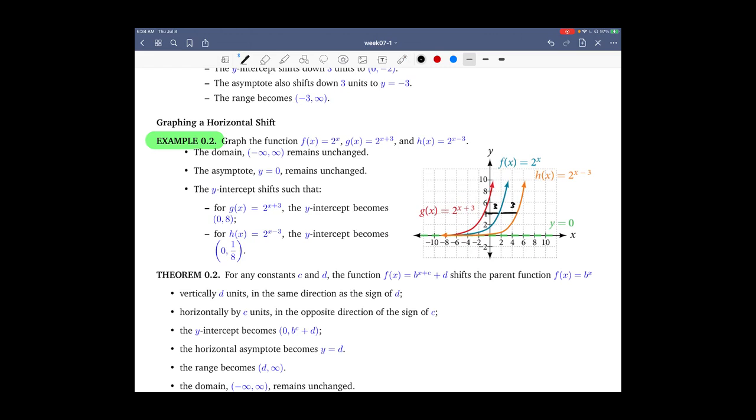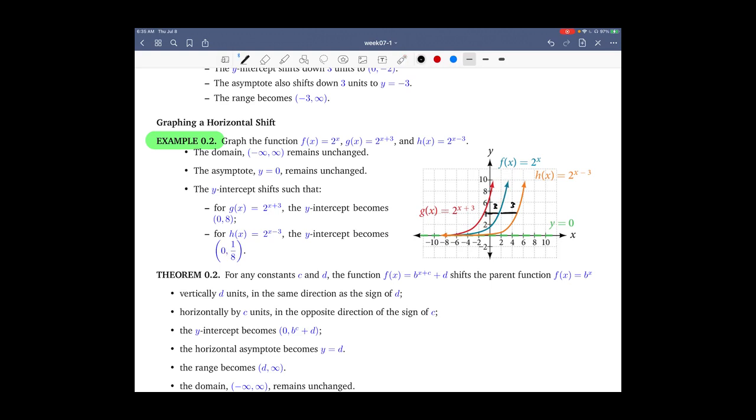These horizontal shifts certainly change the y-intercept. For example, the function 2 to the power x minus 3 will have its y-intercept at the point 0, 1/8, not at the point 0, 1, where the blue curve has.